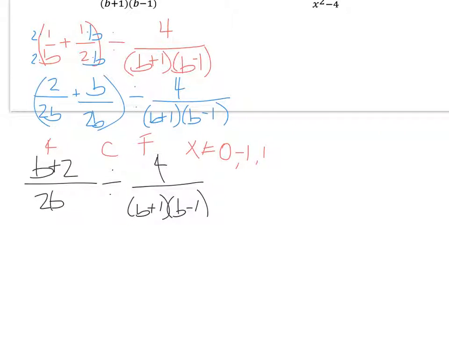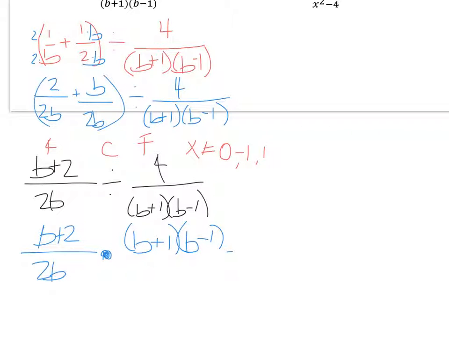All right. So I keep b plus 2 all over 2b. I'm going to change this to multiplication and flip this to b plus 1, b minus 1, all over 4. Nothing will cancel.